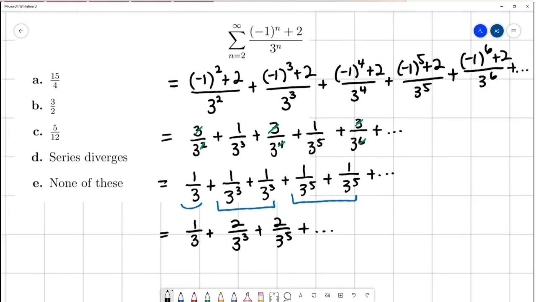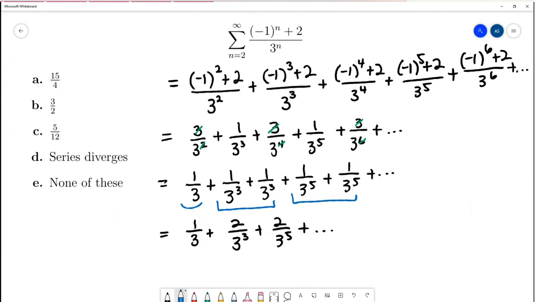Okay, so now I think I'm going to reform this with a different nth term than what I originally had. I'm going to write this as the sum of 2 over 3 to an exponent, and these exponents are odd numbers, so I need to write an odd number.